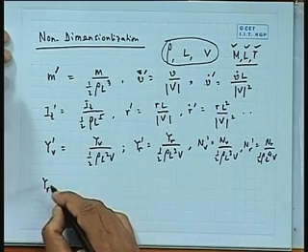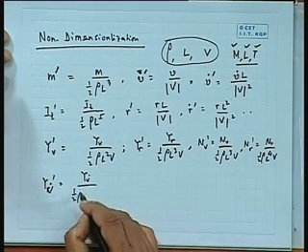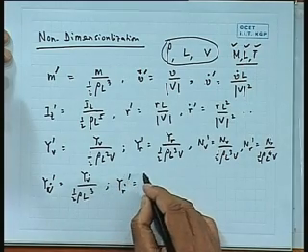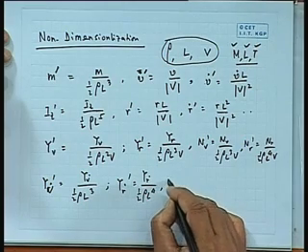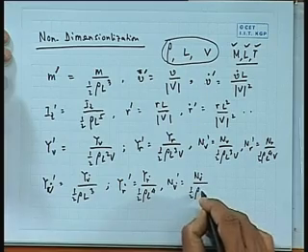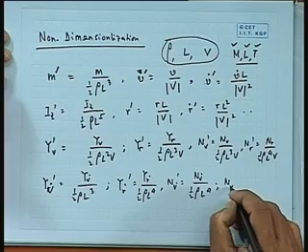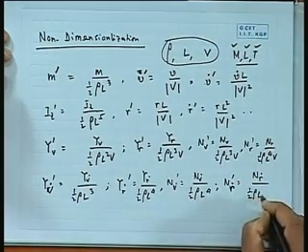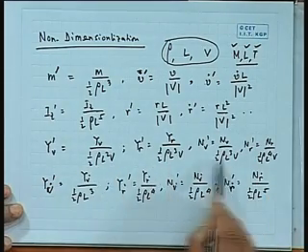I will just tell you an interesting point. You see, if you see that, you will see there is an L square V, L cube V, these two remain same, L cube V, L 4.